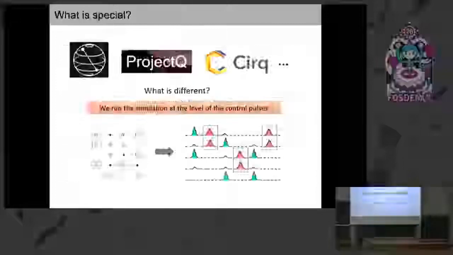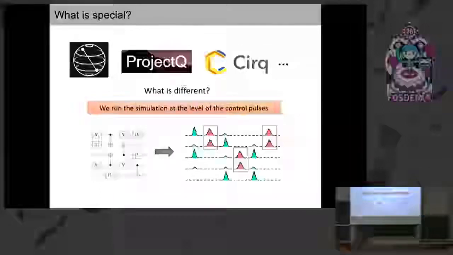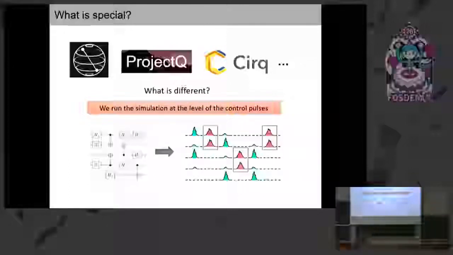You might also ask that we already have many other software packages that are doing this quantum circuit simulation. So we have Qiskit, ProjectQ, and dozens of others. So what's the difference? The difference here is that in QuTiP, we are going to simulate the circuit at the level of your physics dynamics control pulse.